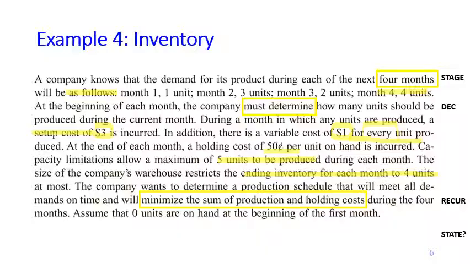Okay, so from the problem, we already see explicitly the stage, the decision, and what we need to do in our recursion function, which is to minimize the sum of production and holding cost. Now you may pause the video and read the problem carefully.